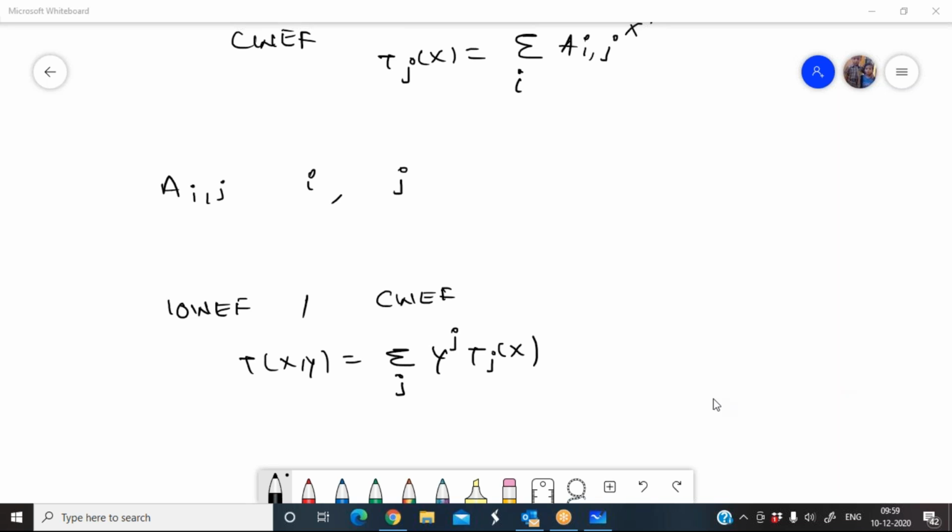Already I told that, right? Output is x here and input is y here. Don't think that output is x, input is y. Here my notation is, in order to write the output weight, I want to write x power something, and to write the input weight, I want to write y power something. So the input output weight enumerating function includes x and y. In terms of the conditional weight enumerating function, for the CWEF with information weight j, that is T j of x. So T of x comma y equals sigma j y power j T j of x. This is the relation between CWEF and IOWEF.